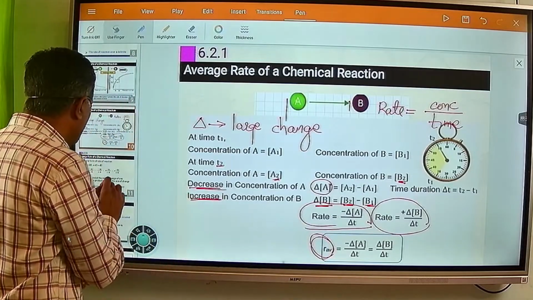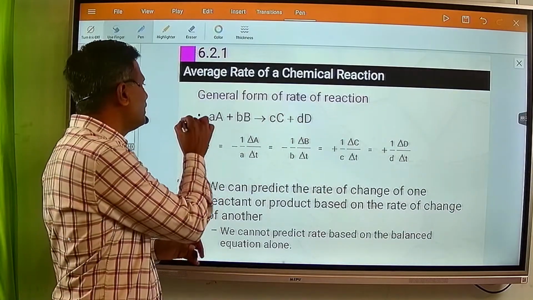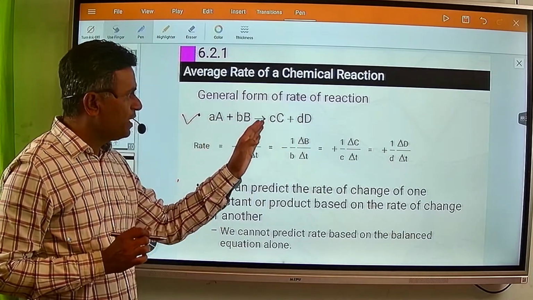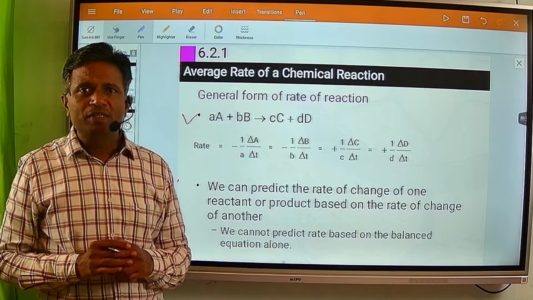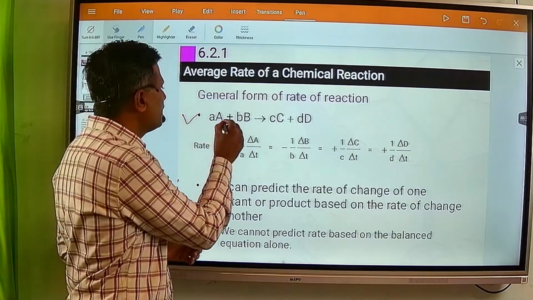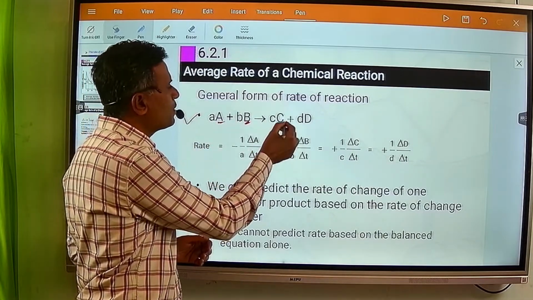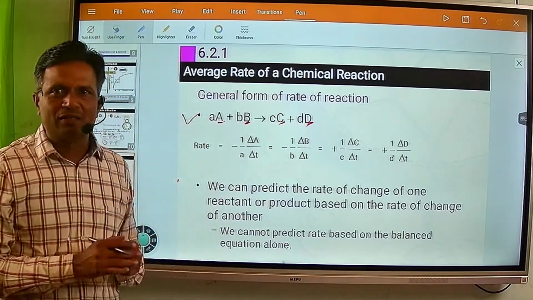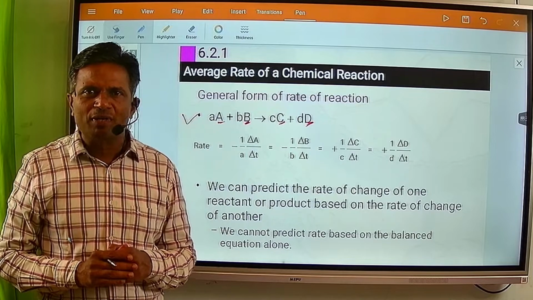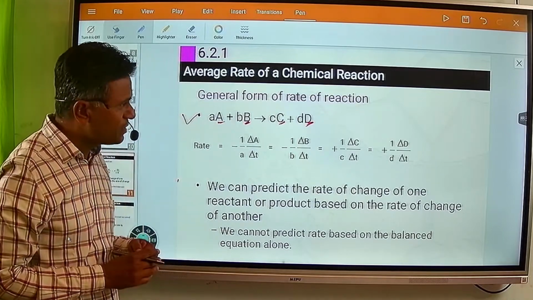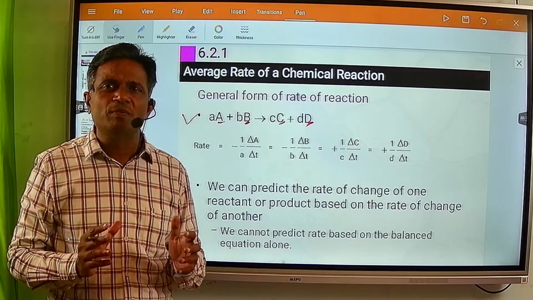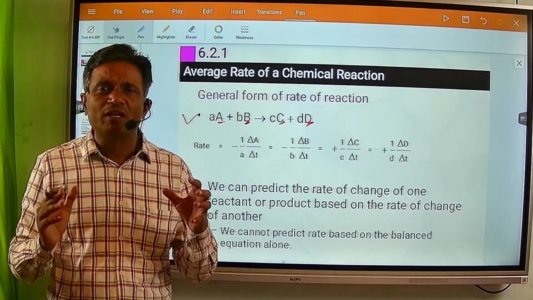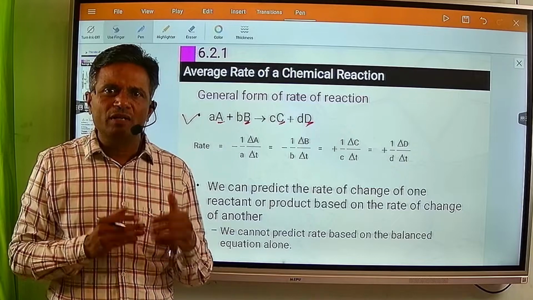But if you have any chemical reaction in the form of aA plus bB gives cC plus dD, here your reactants are capital A, capital B, your products are capital C and capital D, and small a and small b are the stoichiometric coefficients of reactants, and small c and small d are the stoichiometric coefficients of products. This is the reaction having different stoichiometric coefficients.